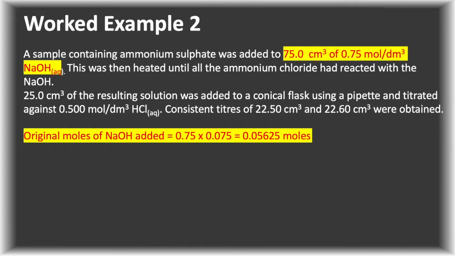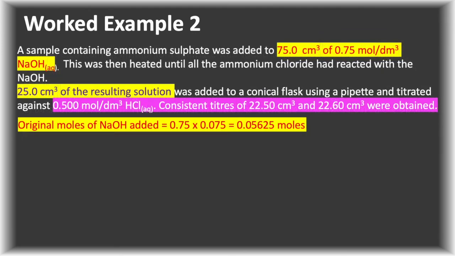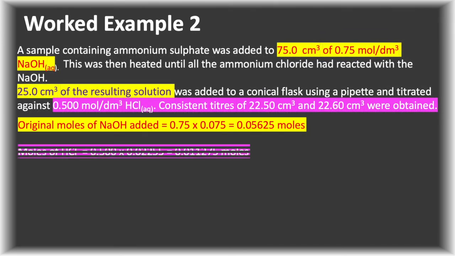So let's find out how many moles of sodium hydroxide we added at the beginning, which is concentration times the volume, with the volume in decimeters cubed. We can then find out how many moles of sulfuric acid we used in the titration, which is again concentration times the average titer, which will be 22.55 divided by 1000.